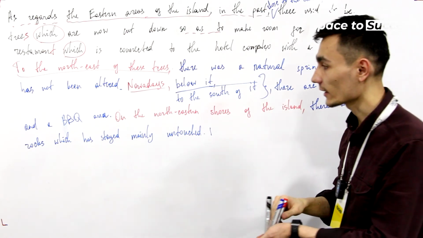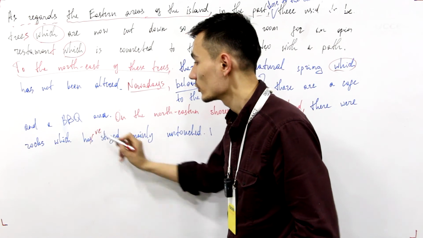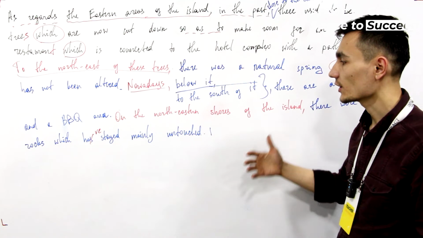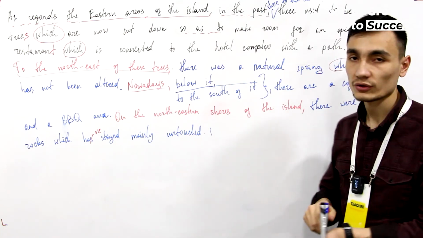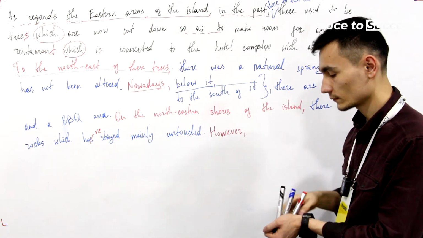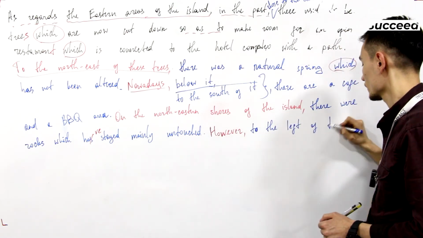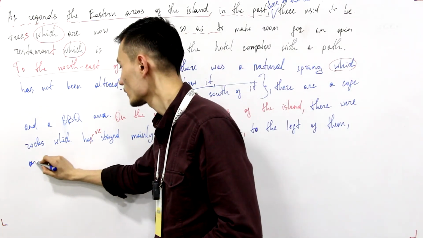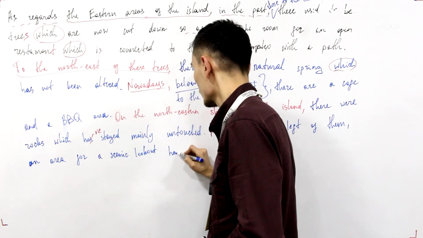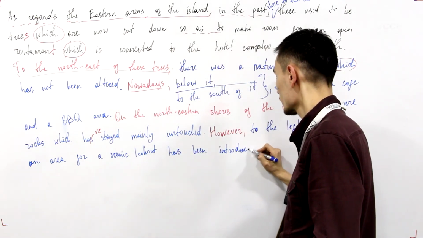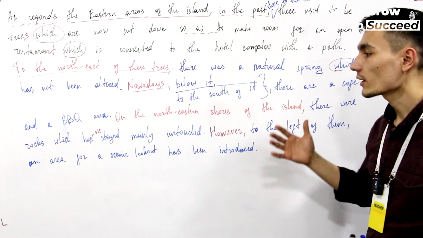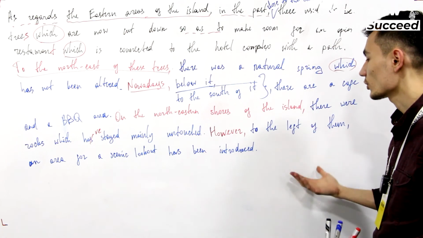So I made a mistake again. So be careful. You have to check your essay after finishing it. Rocks which have stayed mainly untouched. And I want to give a scenic lookout there. However, to the left of them, an area for a scenic lookout has been introduced.